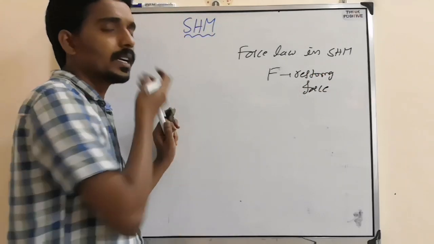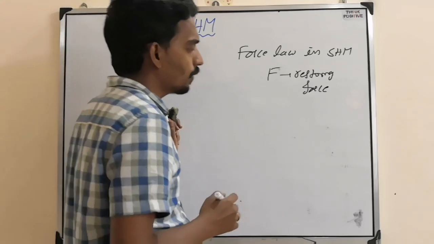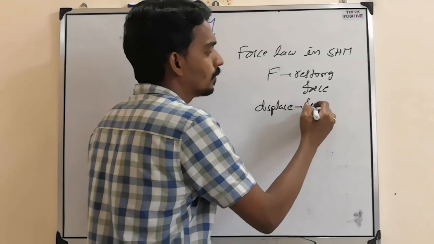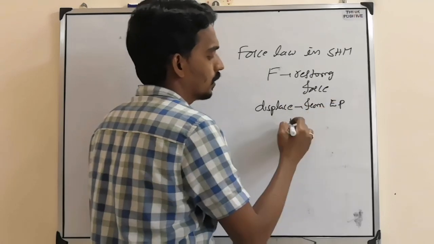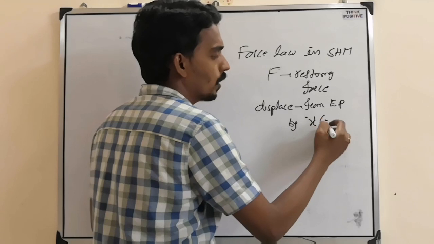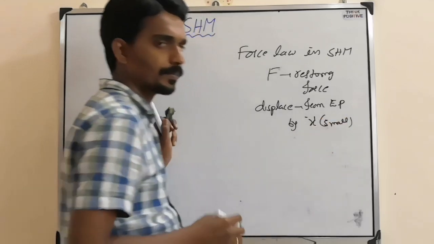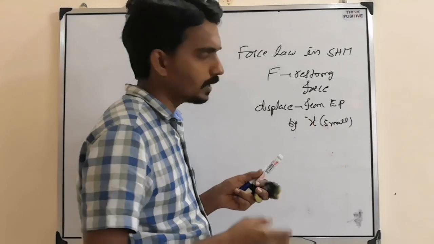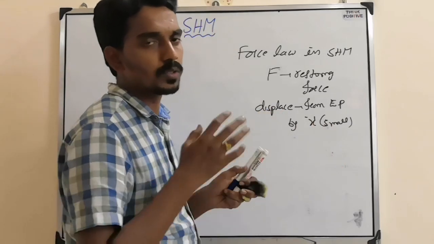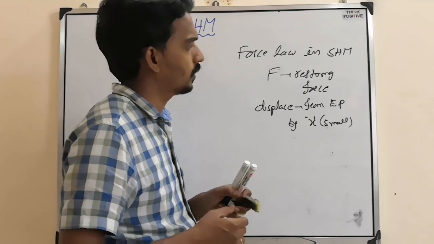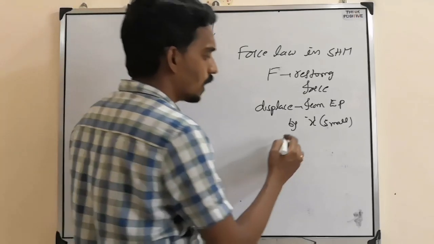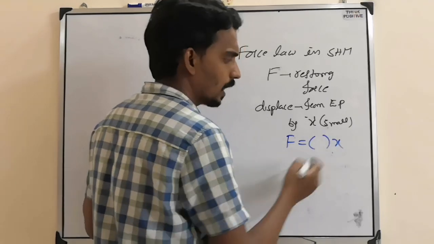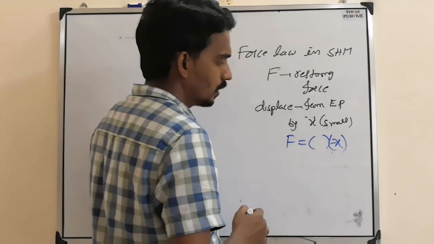And how to find the restoring force? First you have to displace the given system from the equilibrium position by x, a very small displacement. For a small displacement, when you displace it and leave it, you need to find the restoring force for the system. Then you have to prove that that force is some constant into x or minus x.